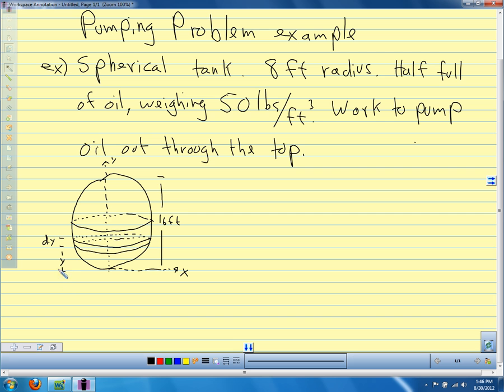So the thickness is dy, and the distance that this little layer of oil has to be pumped to go out the top is over here. This distance is 16 minus y. So in order to pump this out the top, we have to pump it through a distance of 16 minus y feet. The thickness of the layer of oil is dy, and the radius of this particular layer of oil is x.